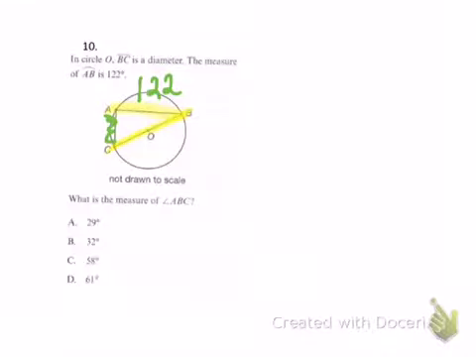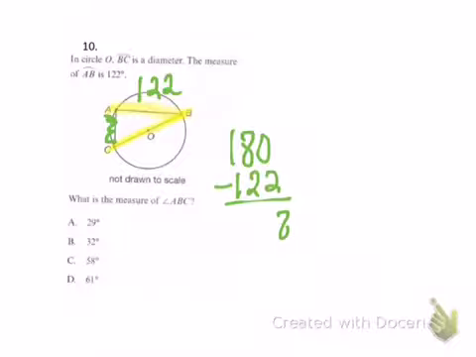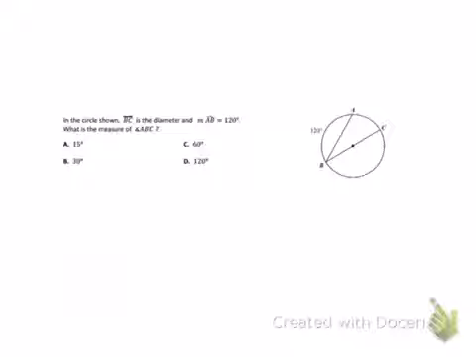So to find that intercepted arc, I need to take 180, because the diameter divides the circle in half, and subtract 122. So that's going to give me, let's see, 58. And since this is an inscribed angle, I have to take half of it. That's why the answer is A. You work this one.